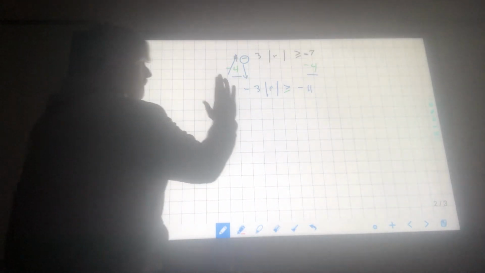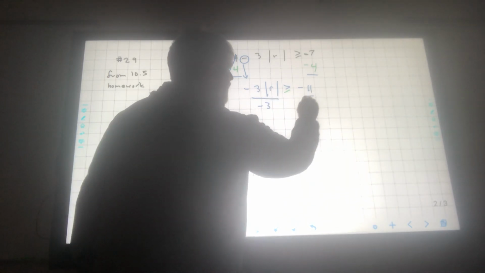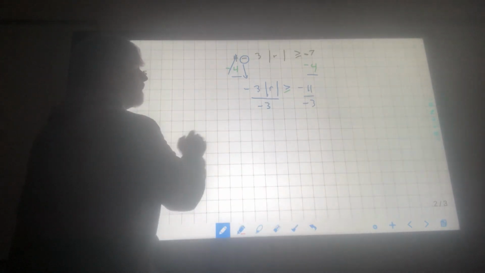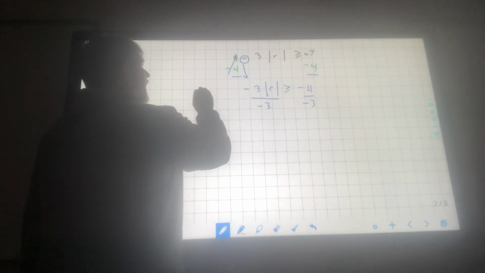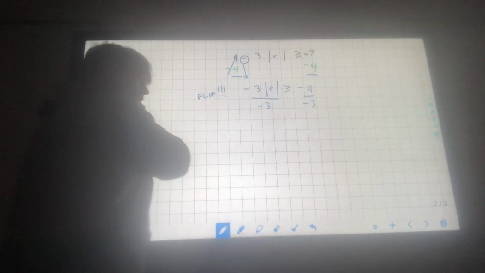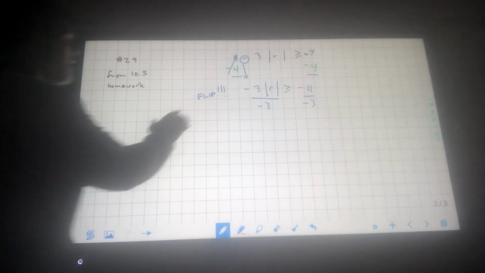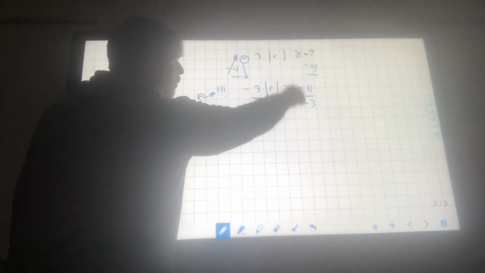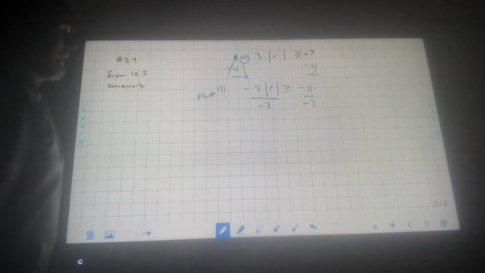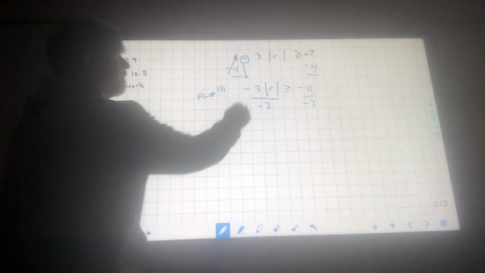All right, so this is the problem where we did one almost identical to this yesterday in the notes. Okay, so here I have to flip. Why is it that I have to flip? This is something that you need to make sure you understand. Whenever you multiply or divide by a negative, you must flip the sign.